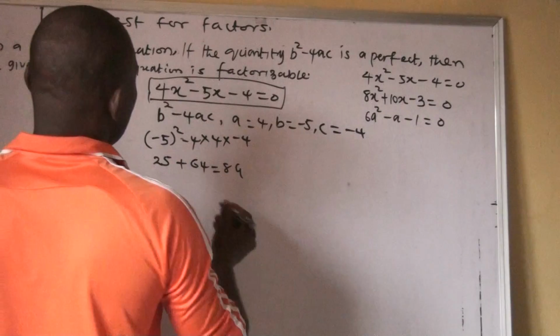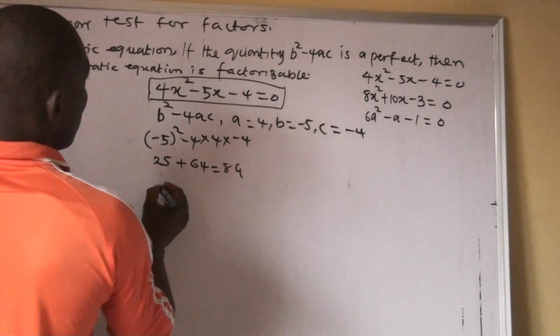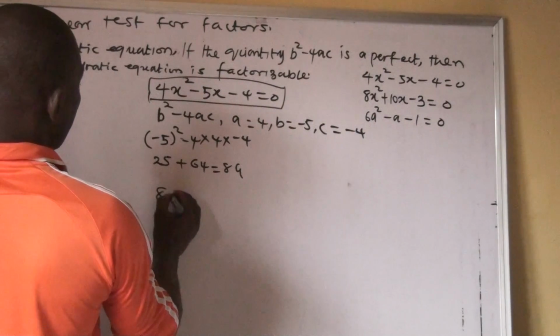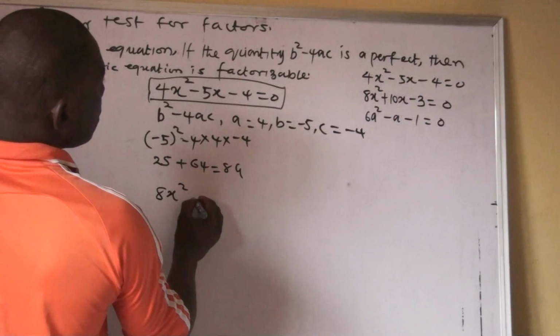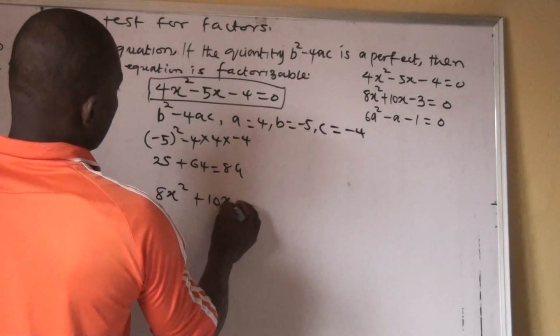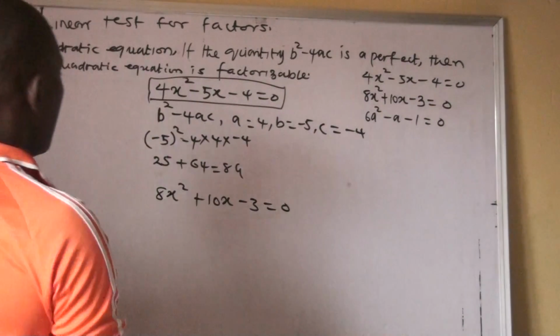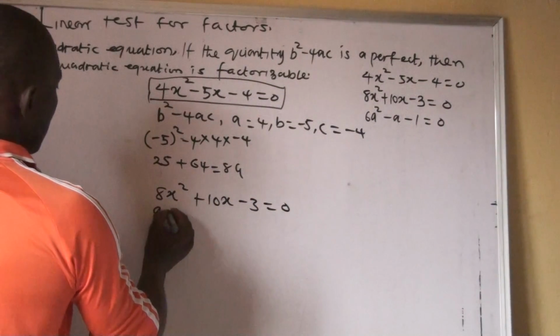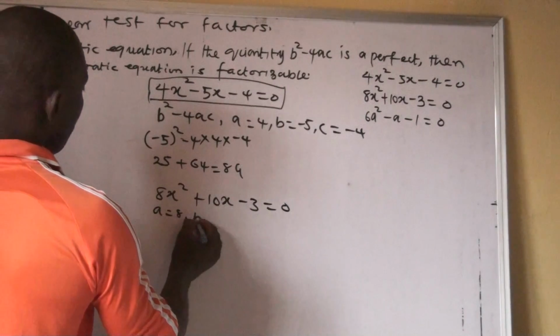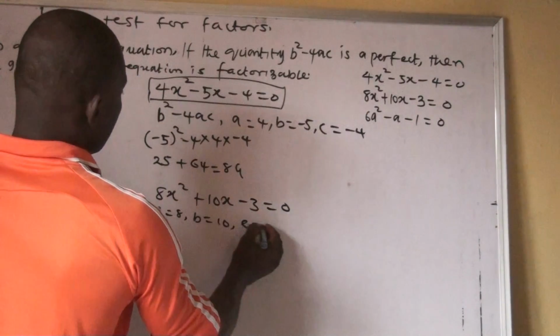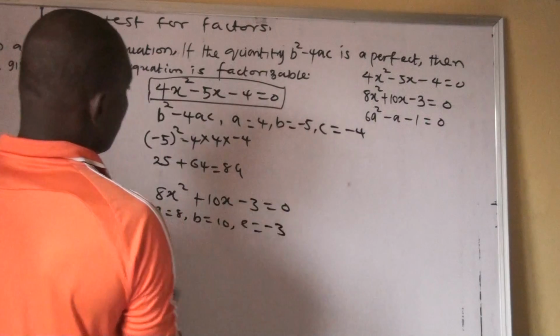The other question is 8x squared plus 10x minus 3 is equal to 0. Here we know a is 8, b is 10, and c is minus 3.